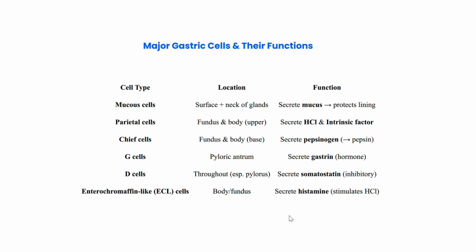It inhibits acid, gastrin, and even insulin release. Finally, ECL cells or enterochromaffin-like cells release histamine, which binds to parietal cells and stimulates HCl production. Together, these cells keep digestion efficient and tightly regulated, balancing acid secretion, enzyme activation, and mucosal protection.